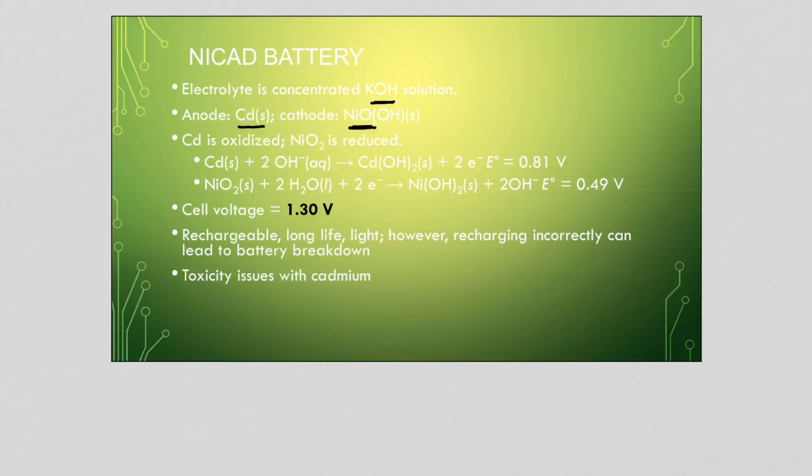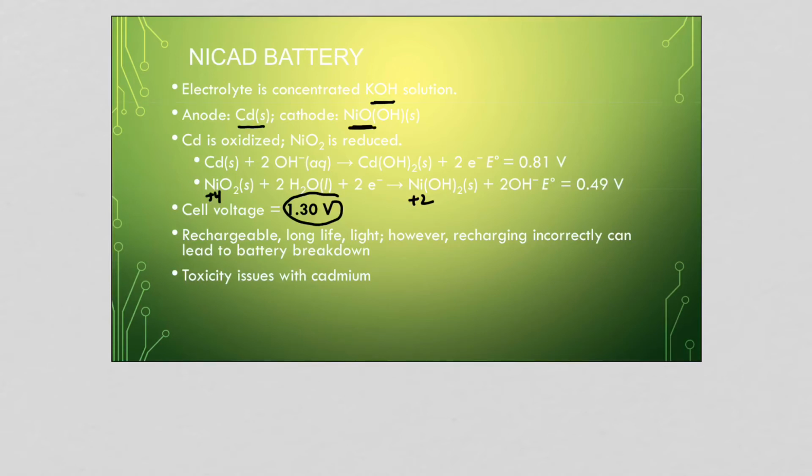You have your oxidation of the cadmium, from cadmium 0 to cadmium +2, a 2-electron oxidation, and your nickel goes from nickel oxide, where it's nickel +4, to a nickel hydroxide, where the nickel is +2. These put off about 1.3 volts, so a little less voltage than what we see in an alkaline cell, but not a whole lot.